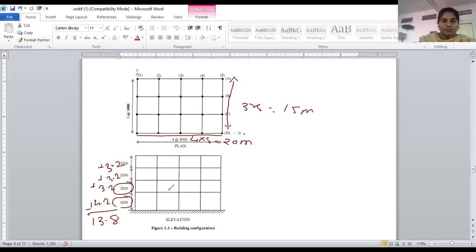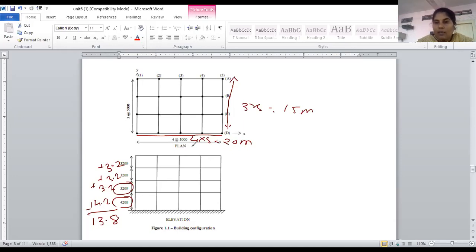I hope all of you have understood this plan and the elevation. The width of the building, the base dimension of the plan, is 4 by 5. There are 4 bays over here, and each bay has a base dimension of 5 meter, so 5 meter by 4, equal to 20 meter.